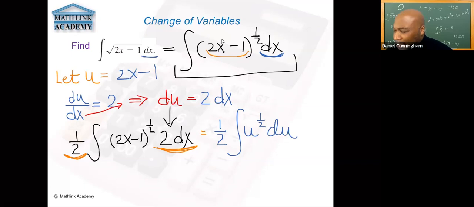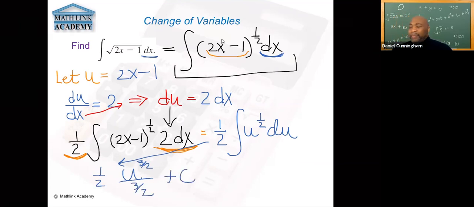Now we'll just use our basic power rule. So this gives me 1/2. This would be u to the what? We do 1/2 plus 1. This would be u to the 3/2 divided by 3/2, plus c.